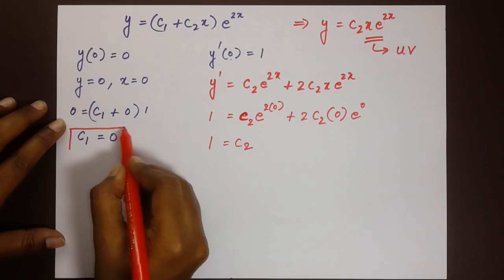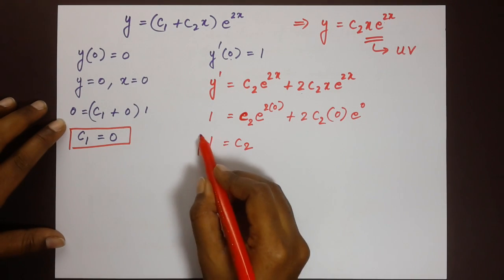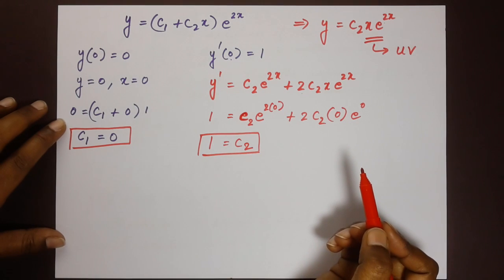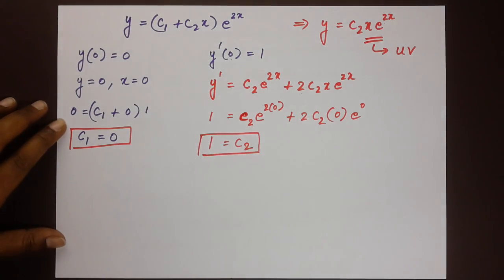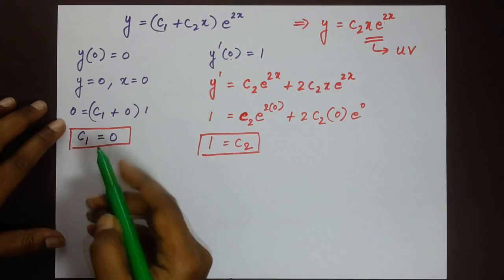So we have our two values, c1 is equal to 0 and c2 is equal to 1. If we substitute both these values into the general equation, we will find the particular solution.